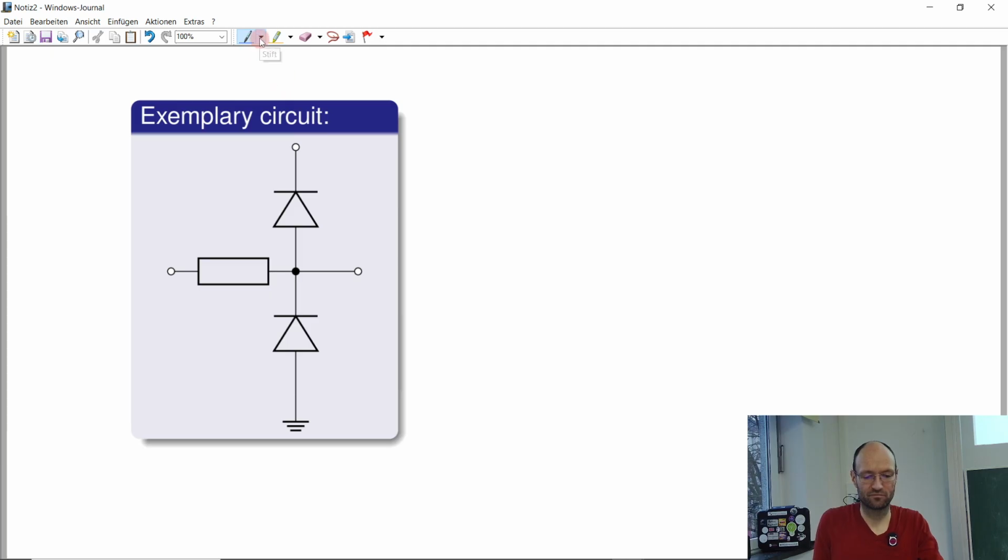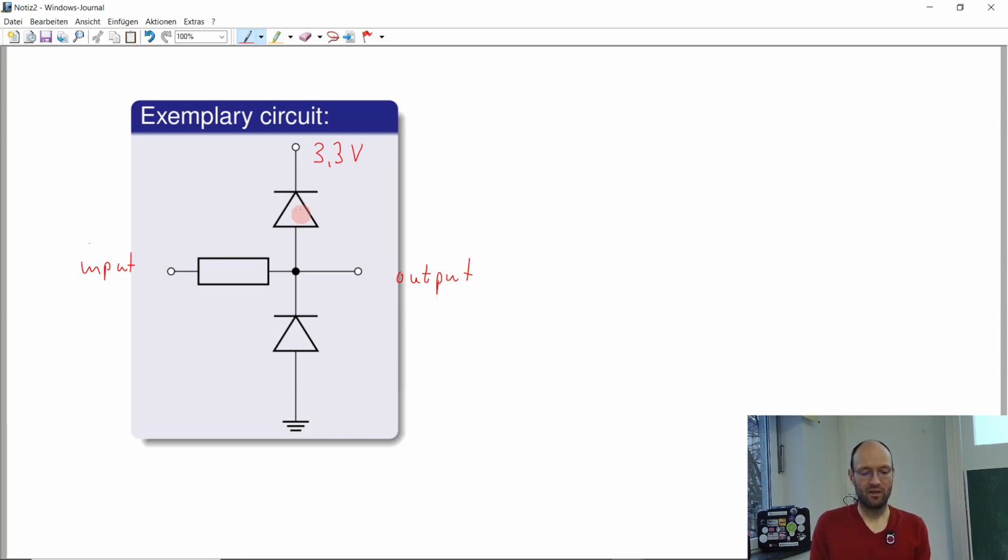So this would be our supply voltage here, and for a chip it might be something like 3.3 volts. And this is the input. And on the other side, we have the output of this nonlinear filter.